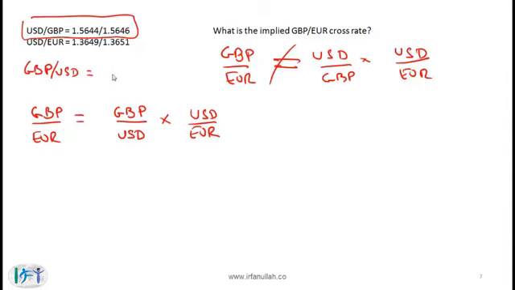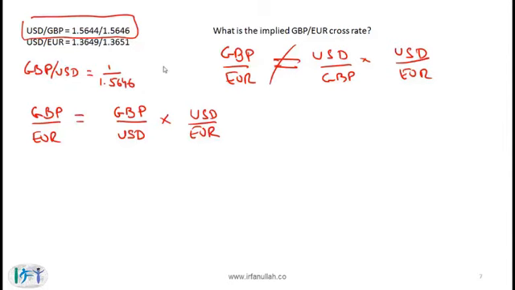The bid is simply the reciprocal of this offer rate. So the bid becomes 1 over 1.5646, and the offer is simply the reciprocal of this number.